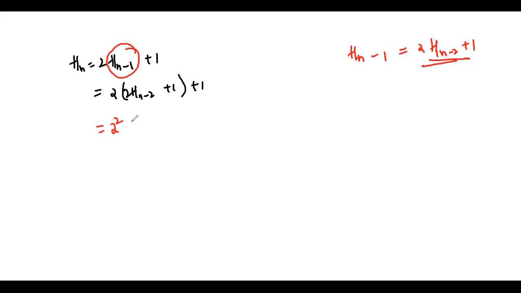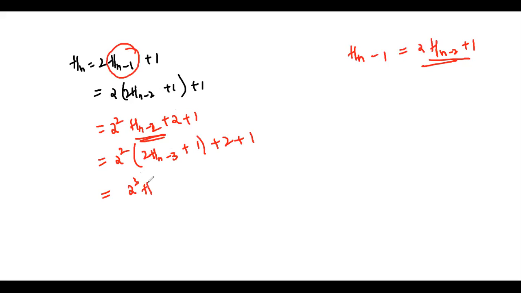After that, it can be written as 2 square Hn minus 2 plus 2 plus 1, where 2 is multiplied with 1. After that, again replace Hn minus 2 with 2 into Hn minus 3 plus 1, so it will be 2 cube Hn minus 3 plus 2 square plus 2 plus 1.